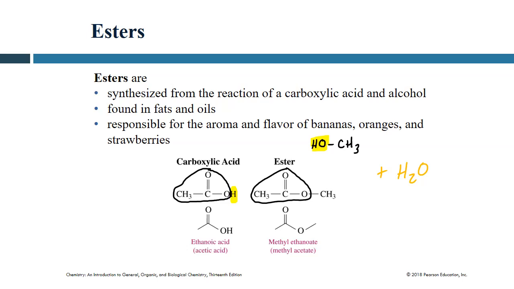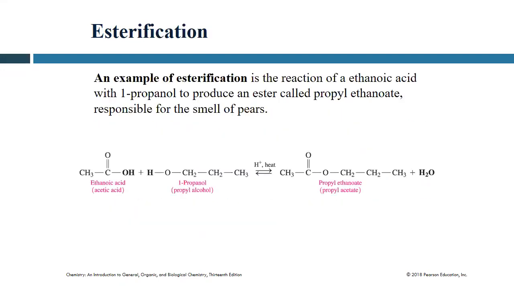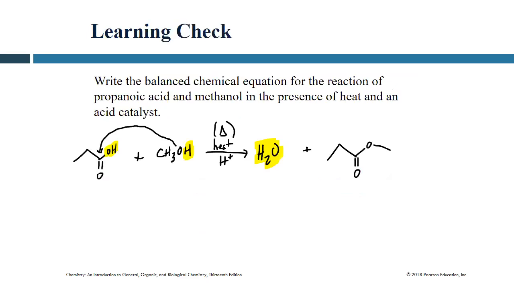The end result ends up being the same. It's just that technically speaking, if we're looking at it from a reaction standpoint, that's not how it happens. So if that helps you, go ahead and just think about it that way.